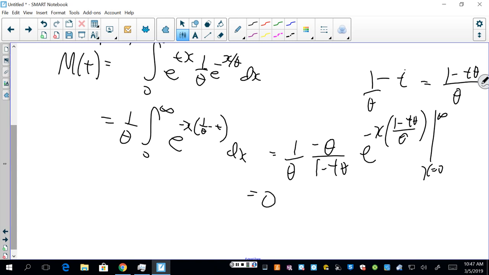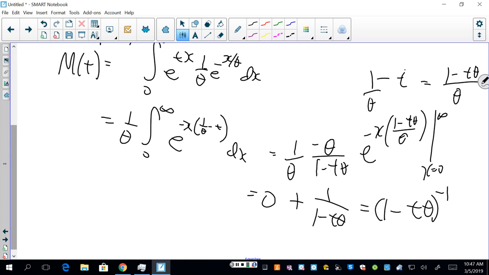That one's going away. Minus, well, there's another minus, so there's plus. The thetas cancel. There's 1 over 1 plus tθ, 1 minus tθ. And when x is 0, that one goes away. So it turns out that this moment generating function simplifies to just (1 minus tθ) to the negative 1. And that's the moment generating function.